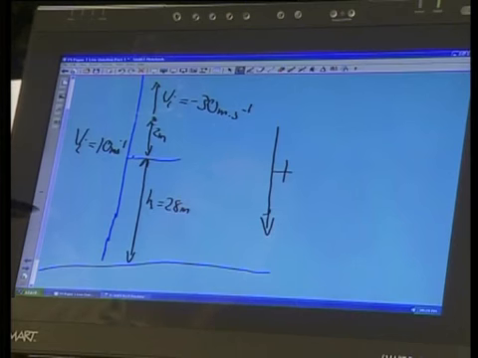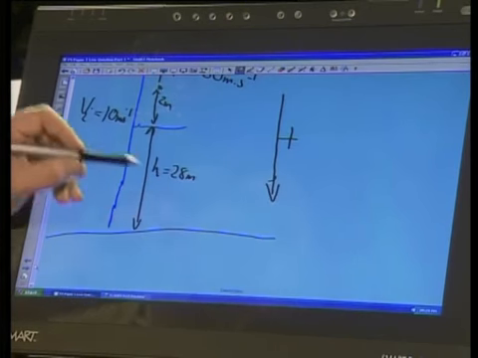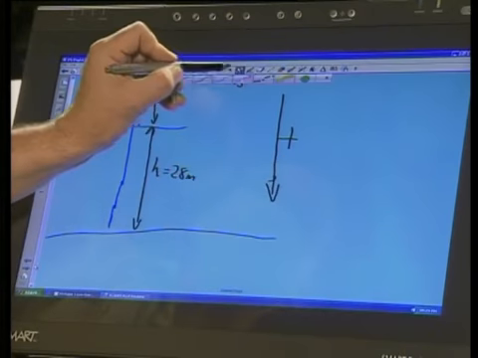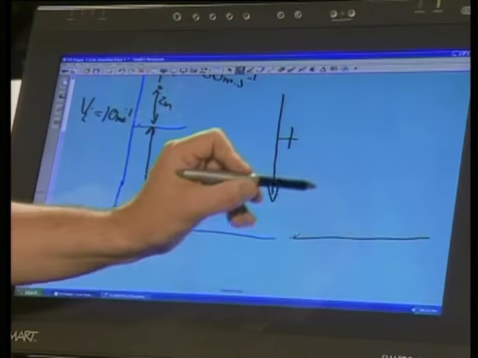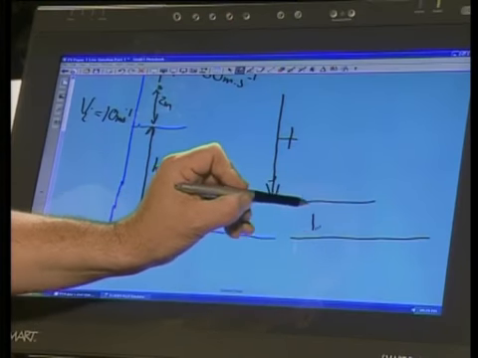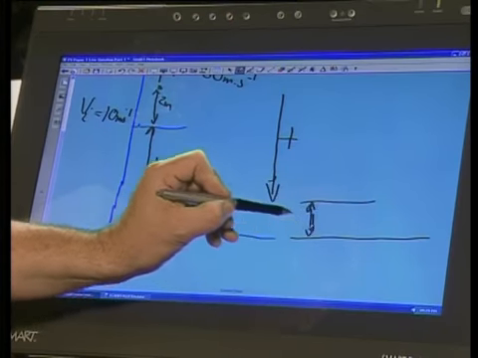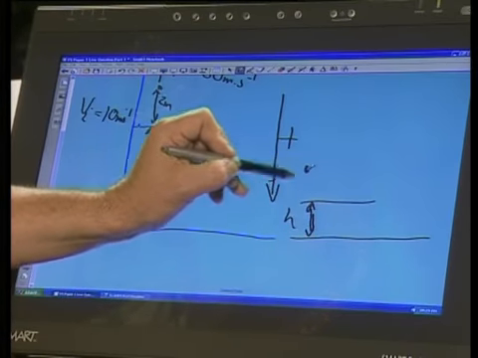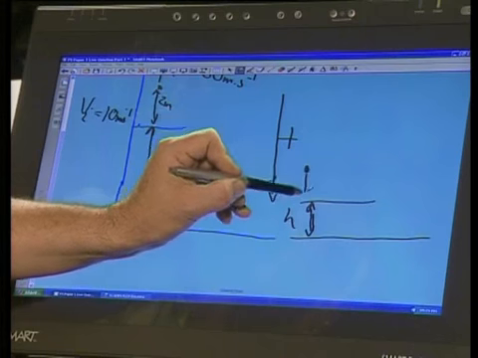Am I right? Yes. So at some time later, we don't know when, but we're assuming before the lift reaches the ground, the lift is going to be a certain height above the ground, and the ball is going to be that height plus 2 meters above the ground.